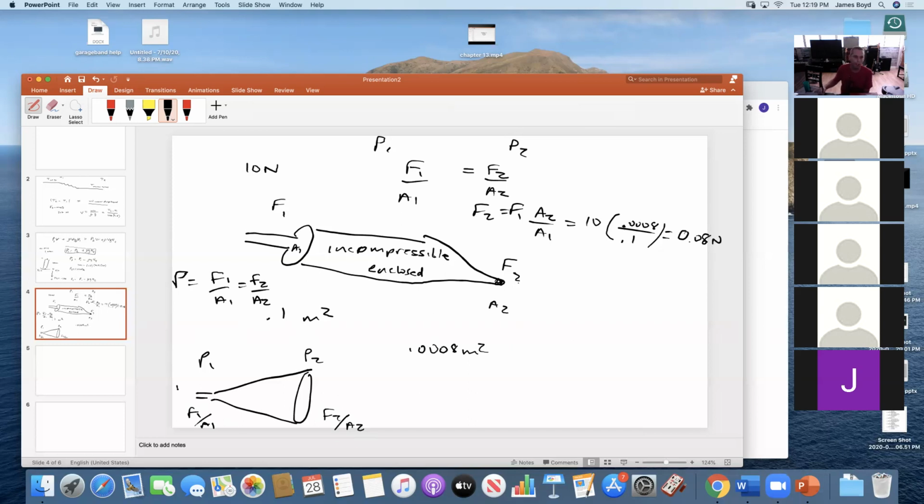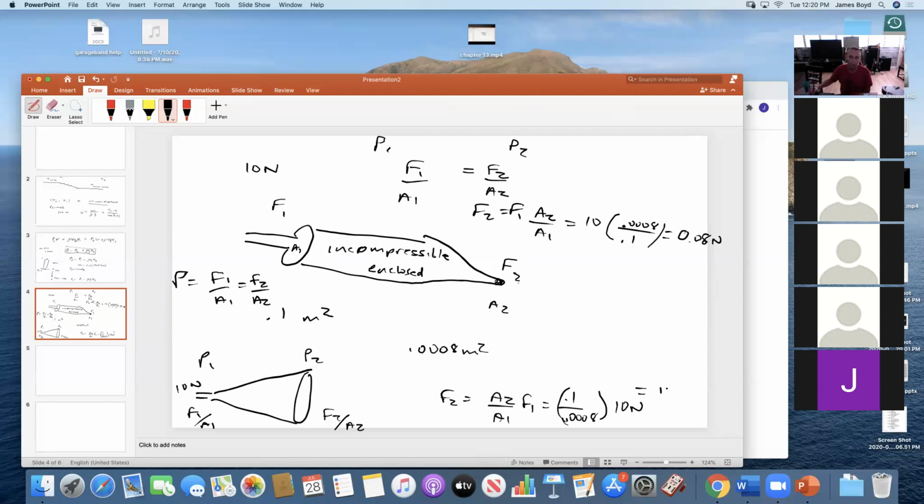So we apply 10 newtons here, but the area is still 0.0008, and we want to know the force out. The force out is A2 over A1 times F1, which is 0.1 over 0.0008 multiplied by 10 newtons. And what do we get? 0.1 divided by 0.0008 is 125, times 10 is 1250, which is what I was trying to do.